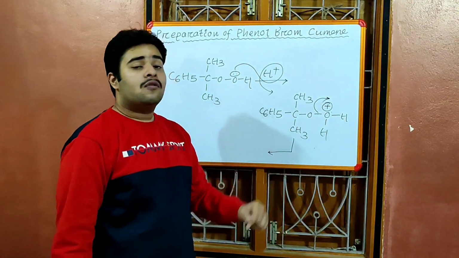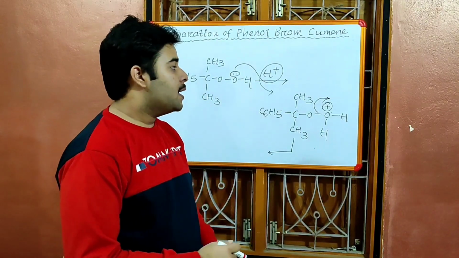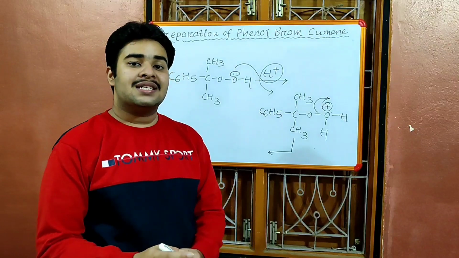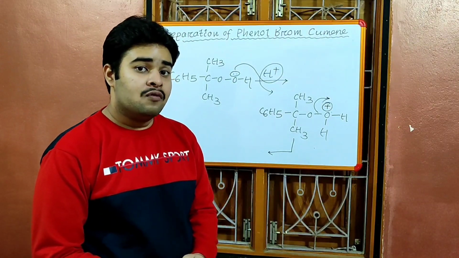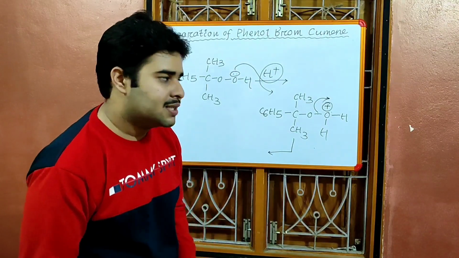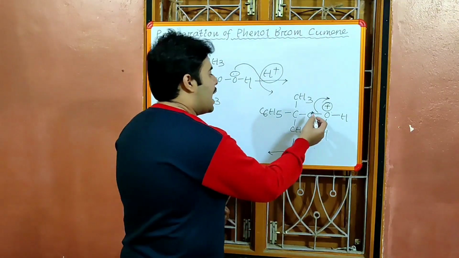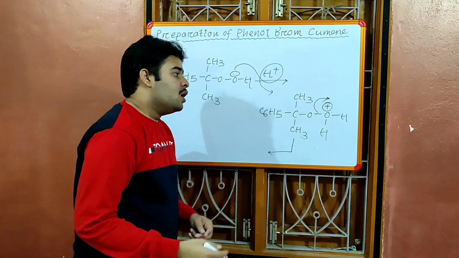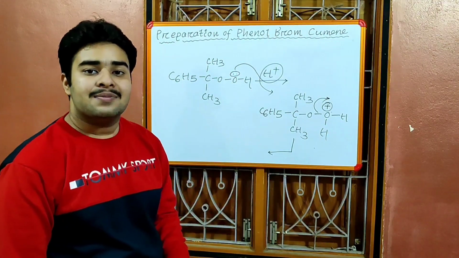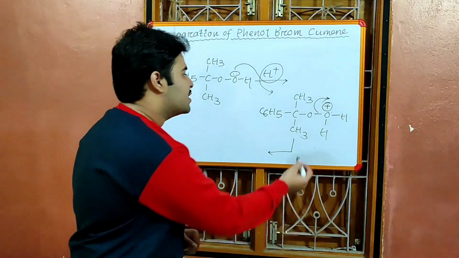Both of the bond pair electrons moved towards the positive charge bearing oxygen atom for its neutralization. As these bond pair electrons have gone to that oxygen atom, there will be an arising of positive charge over this other oxygen atom.